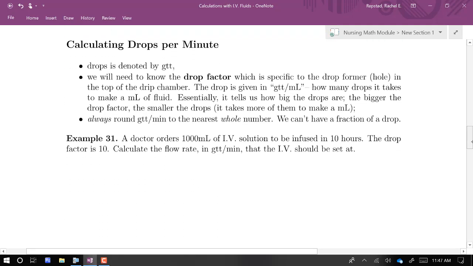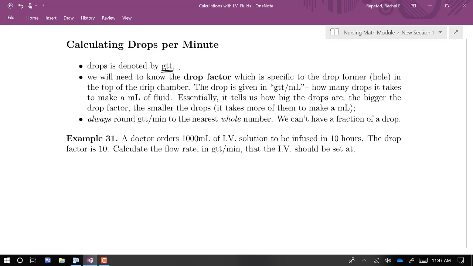All right, so we're going to now look at some calculations where we're finding drops per minute. So first, we abbreviate drops with GTT, and we need to know the drop factor, which is specific to a situation, right? So the drop former, or the hole in the drip chamber, maybe it's going to make big fat drops, and so there are very few drops to make up a whole milliliter, or maybe it makes super tiny drops and it takes lots of drops to make up a milliliter.